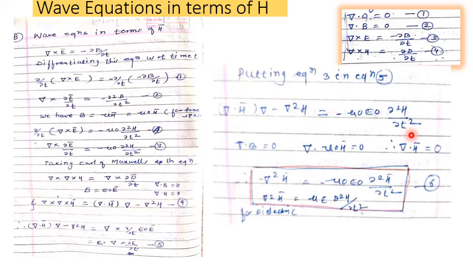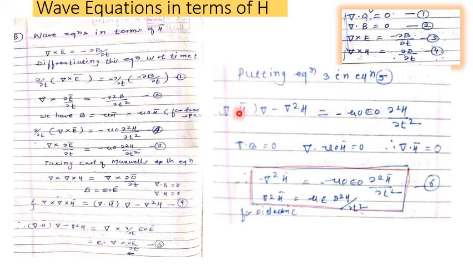So this equation has come: minus mu 0 epsilon 0 del 2 H by del t square. This value is filled in here, see here. Then del dot B is equal to 0, we know that. Therefore del dot of mu 0 H is equal to 0, and if you take this mu 0 to the other side, del dot H is equal to 0.